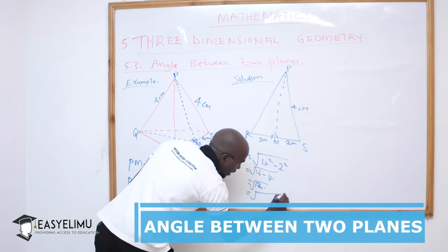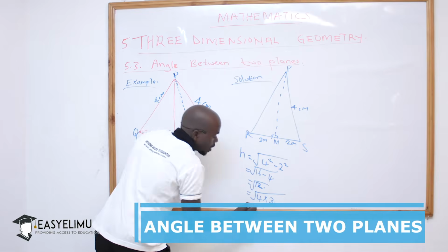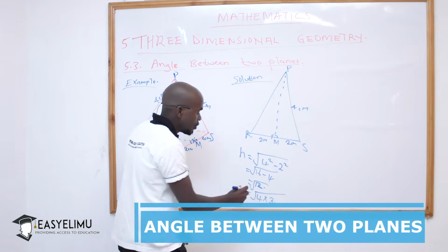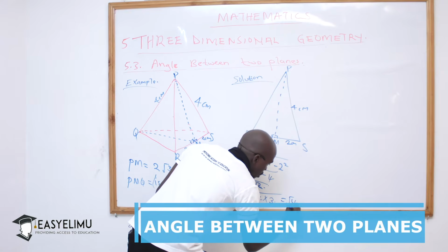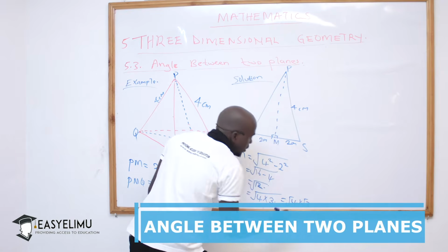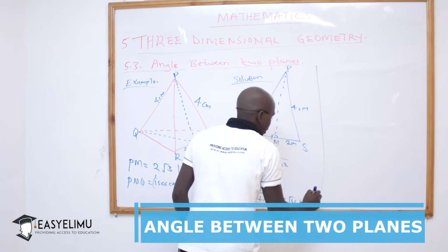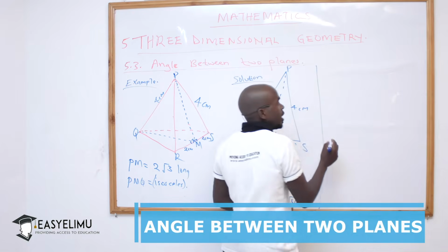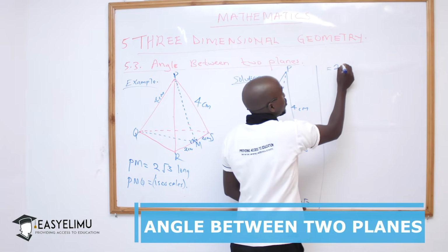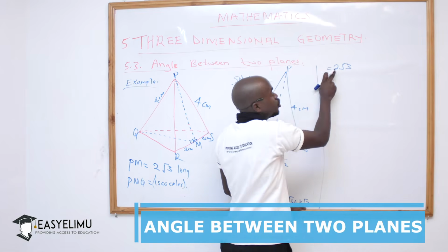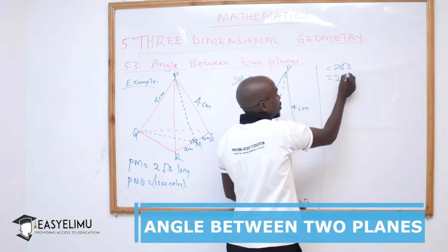12 is the same as 4 times 3, which still gives you 12. So the square root of 12 is the same as the square root of 4 times the square root of 3. The square root of 4 gives us 2, but the square root of 3 remains because it's not a perfect square, so we have 2 times the square root of 3, which is 2 root 3.